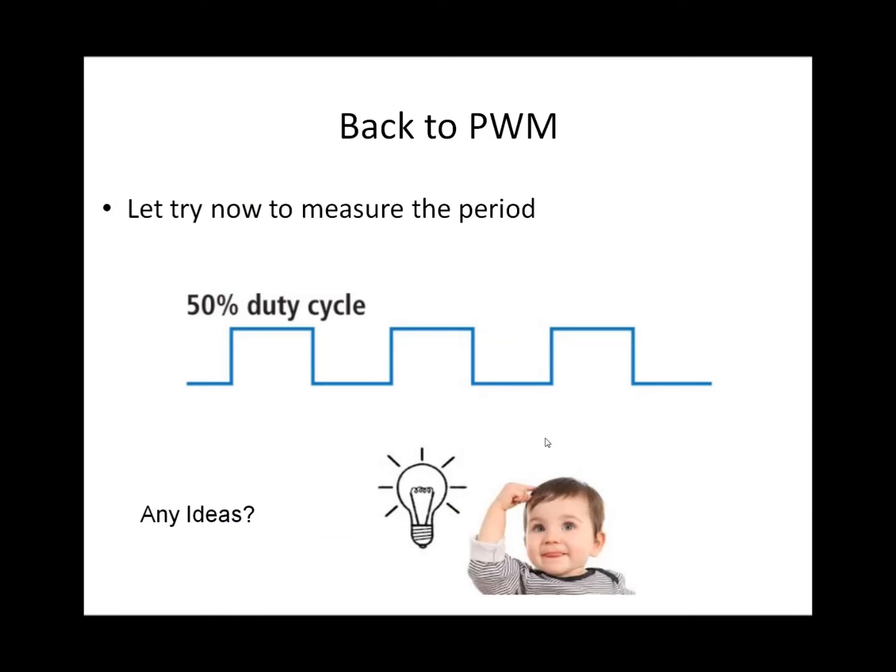So now I will help you with the assignment, how to measure the periods. I want to measure the period of some pulse width modulation. How to measure the period? Okay, anyone else?